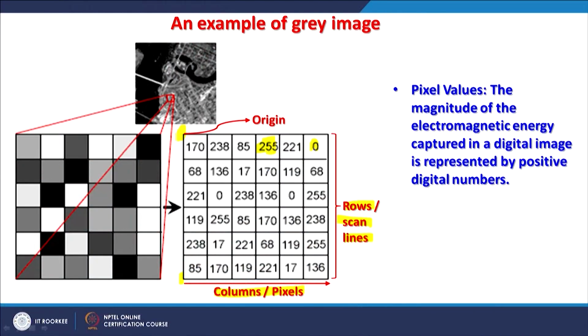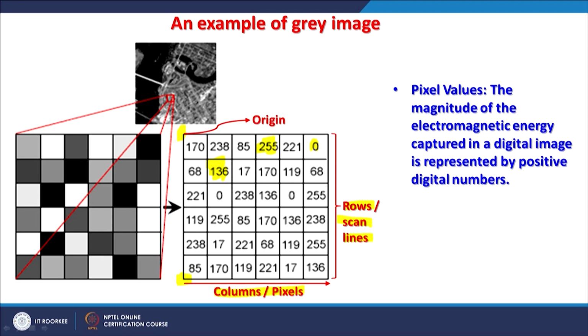Normally, when an image is acquired by the satellite, the origin is always referred from the top left. For example, if I have to refer to this pixel, I would say column 2, row 2. But once I have geographic coordinates, then the origin would be from the bottom left.